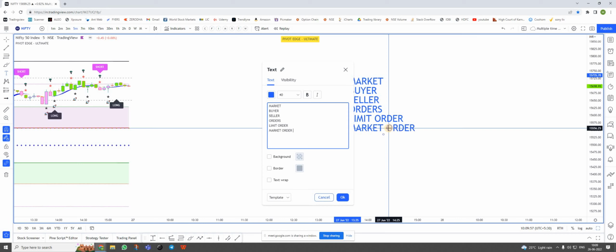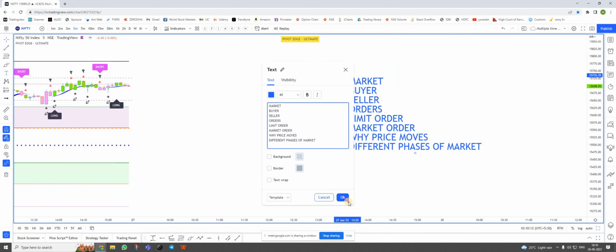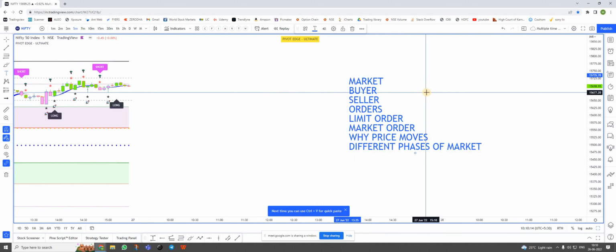Okay, and why price moves. Then next, different phases of market. So let's see one by one.